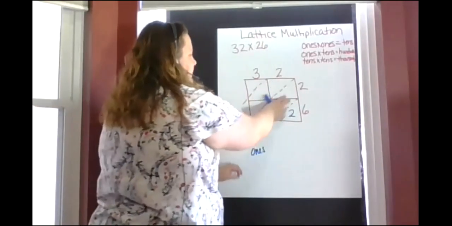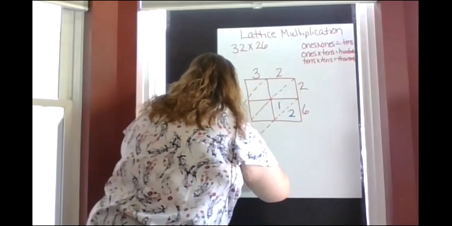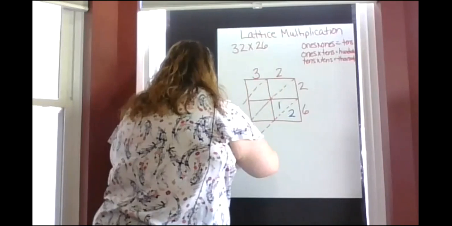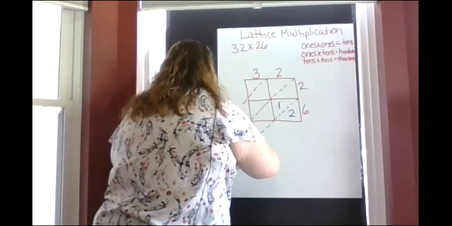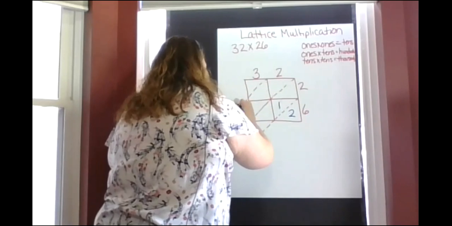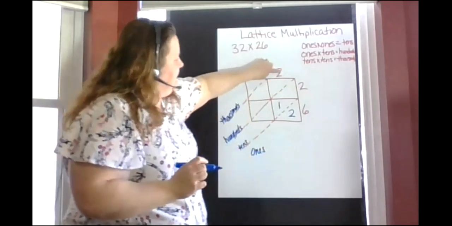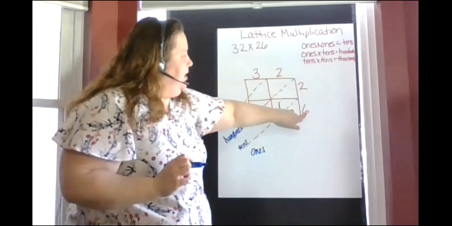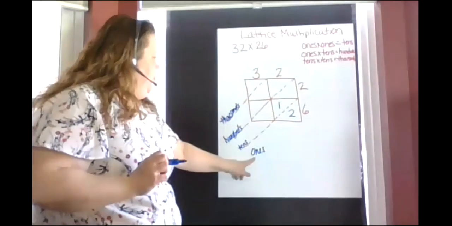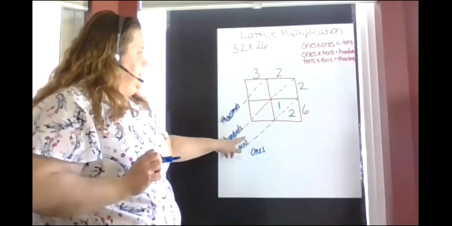This diagonal is going to be my tens place. This diagonal is going to be my hundreds place. And this will be my thousands. I'll move that out of the way. So when I'm looking at this, a 1-digit times a 1-digit number could give me a number in the ones and a number in the tens.